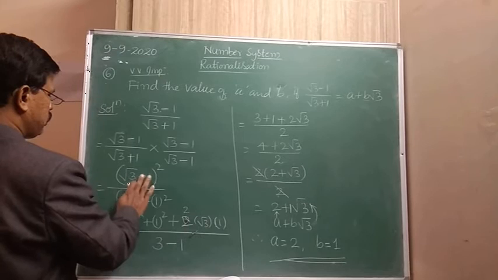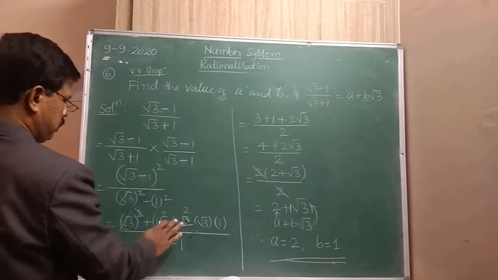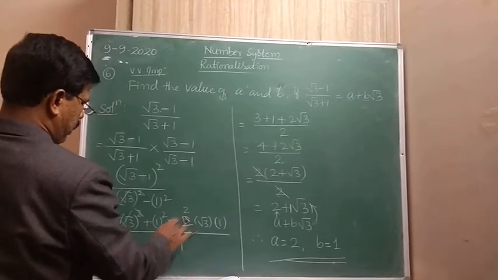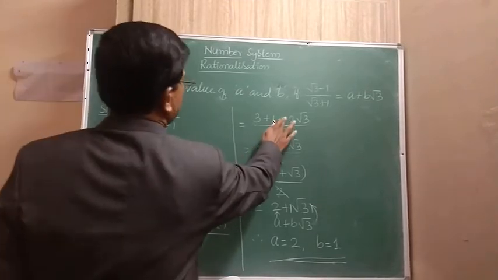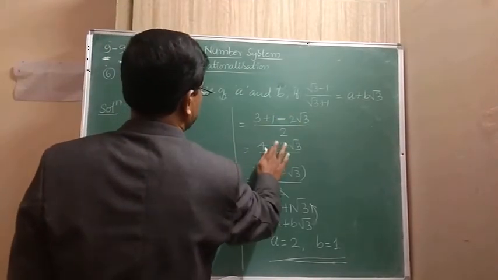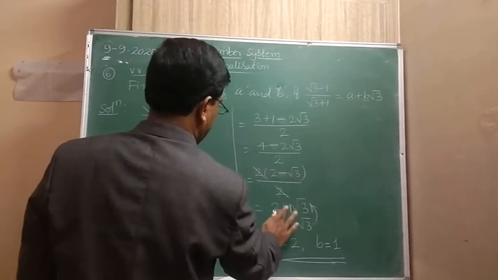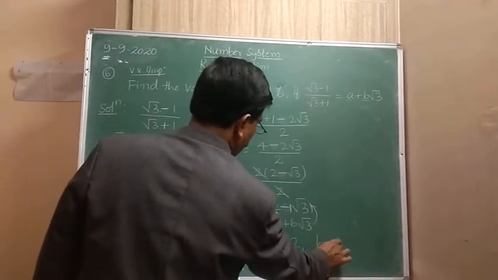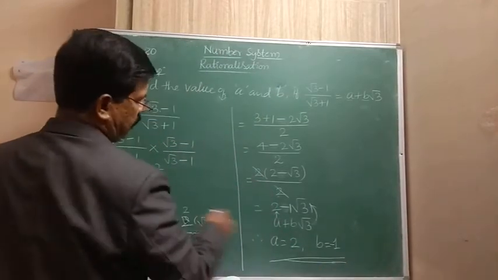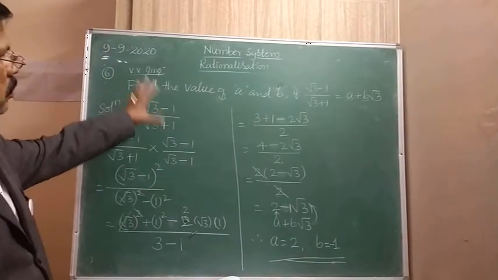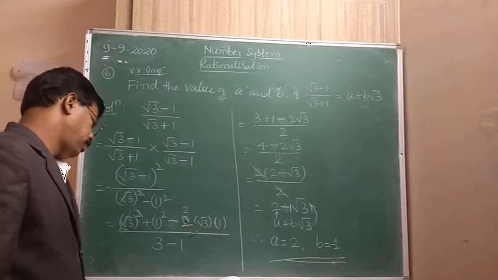The denominator is the same. This is minus, so here is minus. The rest of the thing is the same. Minus, here is minus, here is minus, here is minus. So the b value is minus 1. So things are the same. Understood?